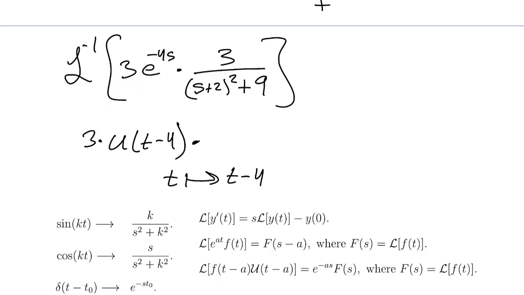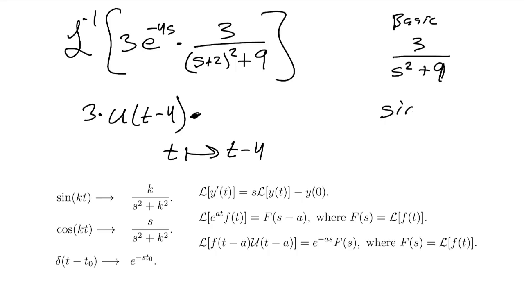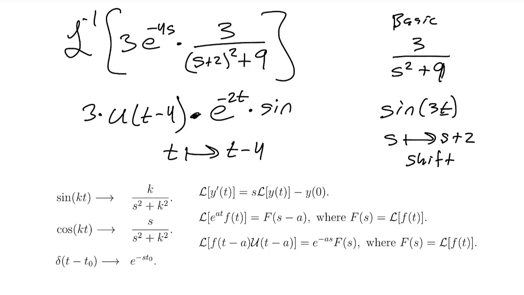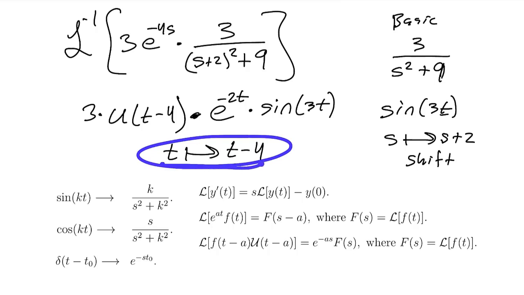Now the question is, what is going to follow after that u? Well, the basic function here is 3 over s squared plus 9. That is, the basic function is sine of 3t, but it's been shifted s into s plus 2 in frequency space. So that means we're going to get an e to the negative 2t sine of 3t, but we're not done yet because those t's have to match t minus 4.